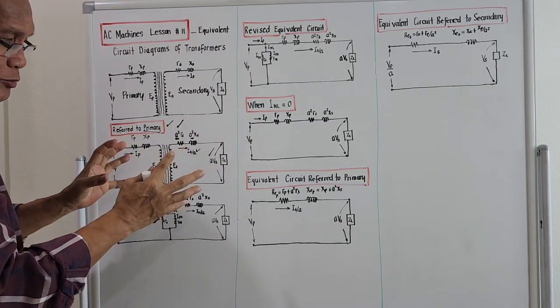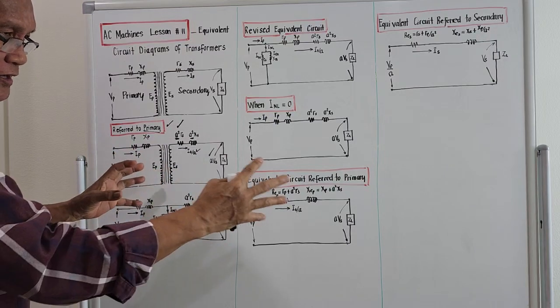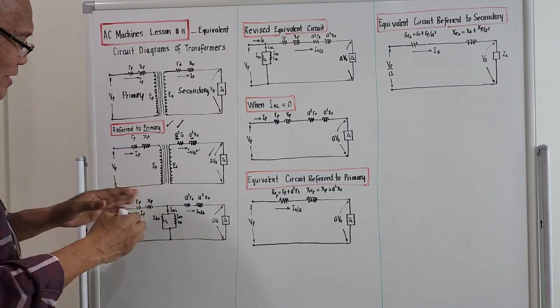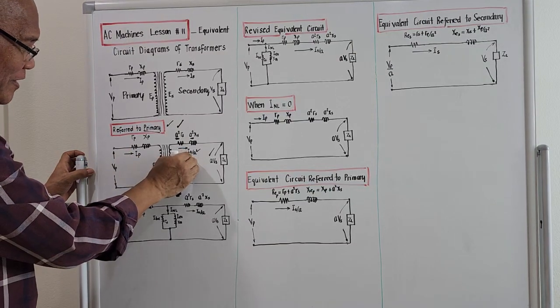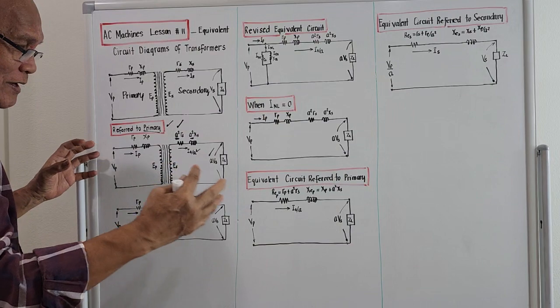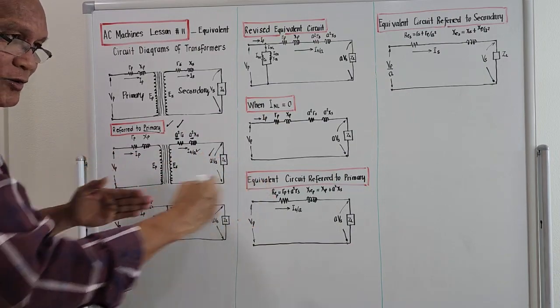So if we now try to bring out the equivalent circuit diagram, we could merge now, because we converted all these values referred to the primary. So actually, it seems they are in series already.